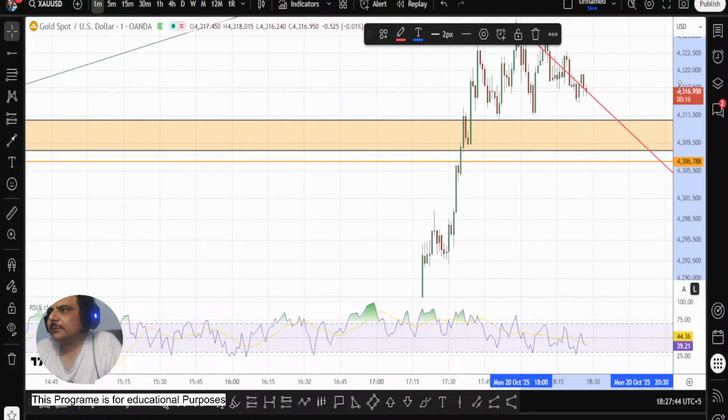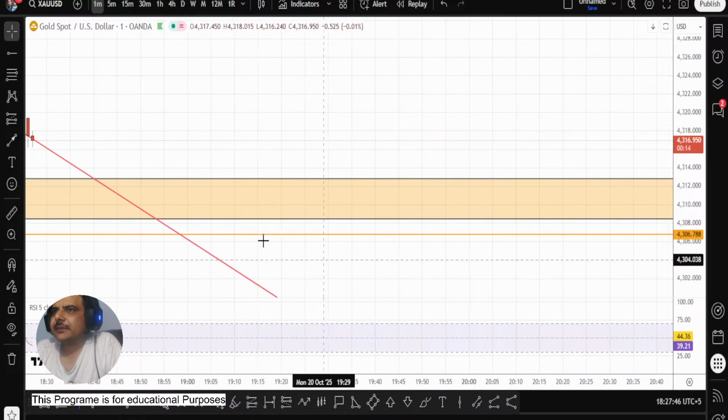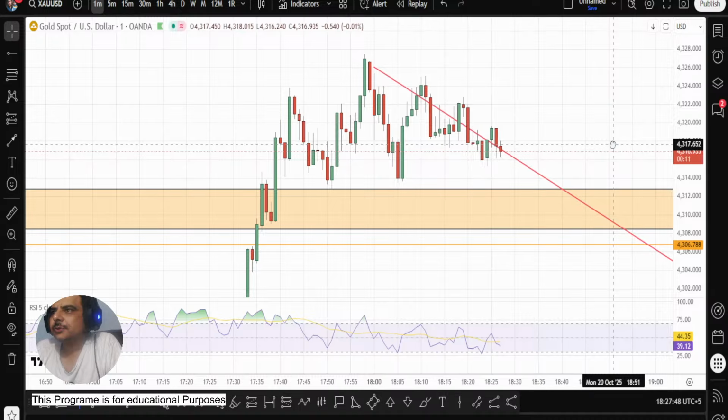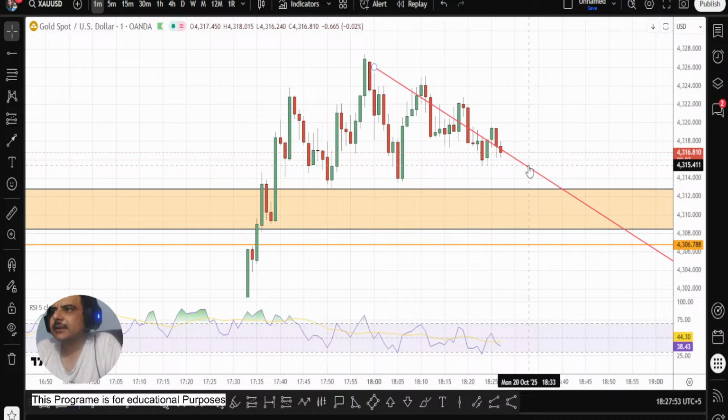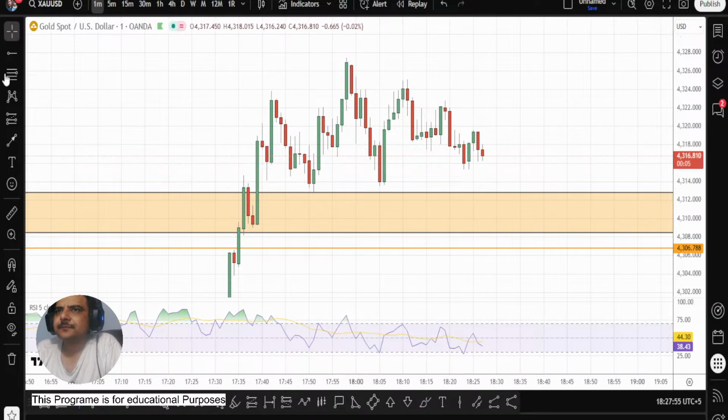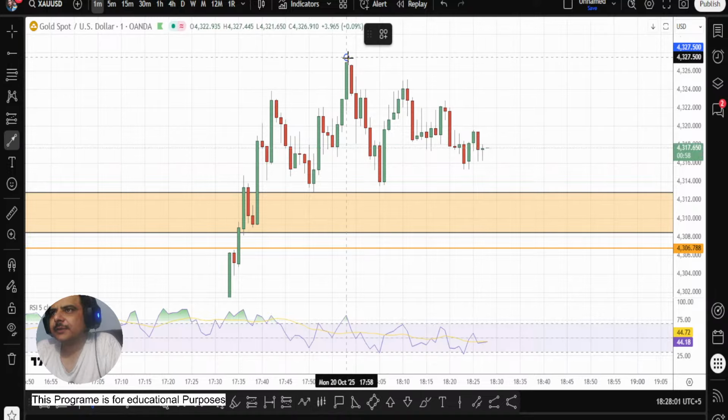On the 1 minute time frame, my friend, it has created a triangle pattern, and whichever way it breaks, okay?